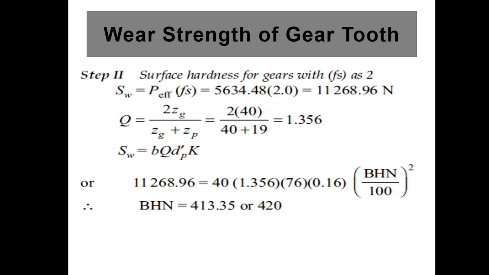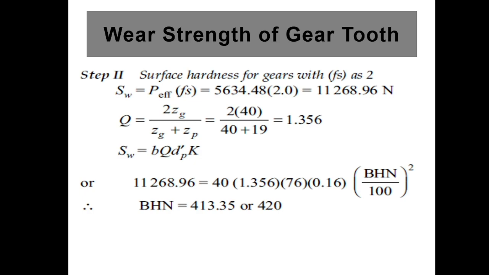Now we have the formula for SW, the wear strength, which is B Q D P K, where Q is the ratio factor, that is 2ZG divided by ZG plus ZP for external gears, and K is given by 0.16 BHN divided by 100 whole bracket square.